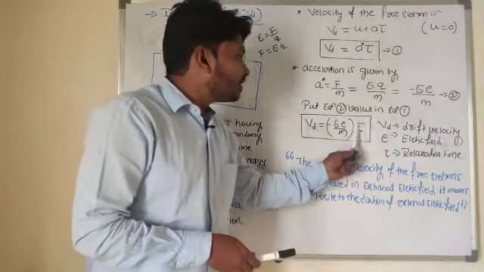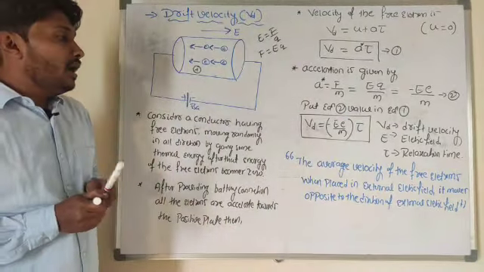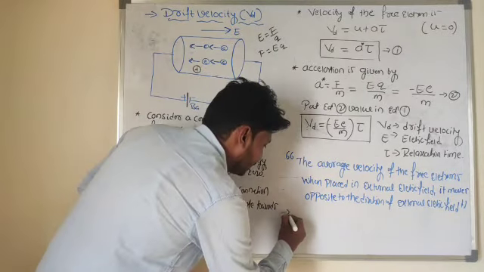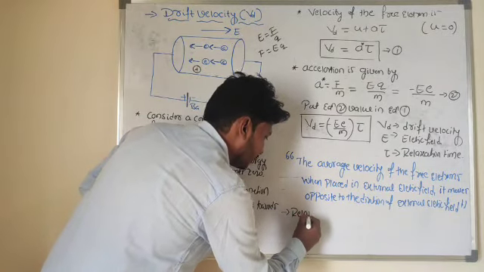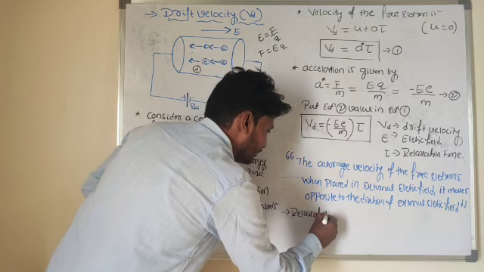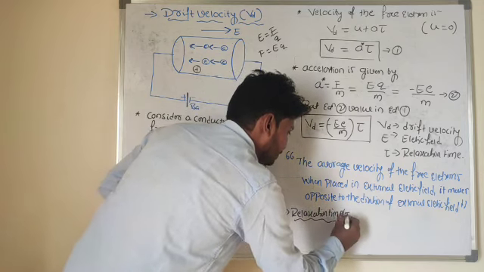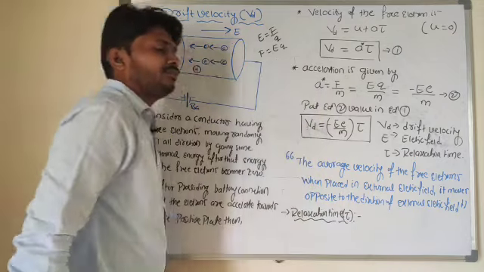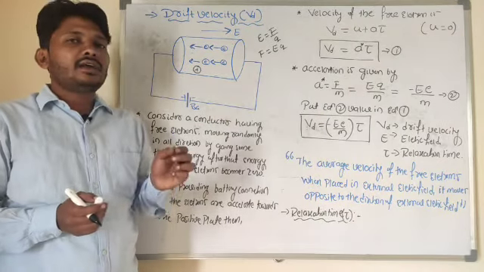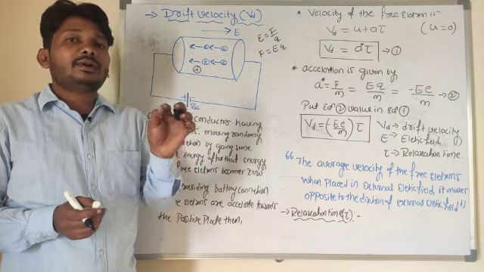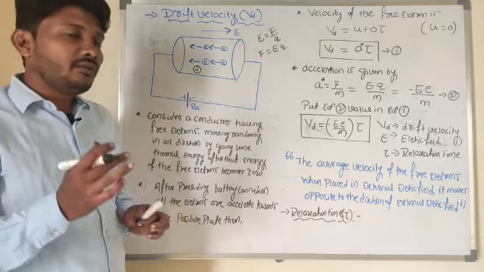So here I use the term relaxation time. So what is that relaxation time here? Relaxation time is represented by the symbol tau here. The average time interval between two successive collisions of electrons.